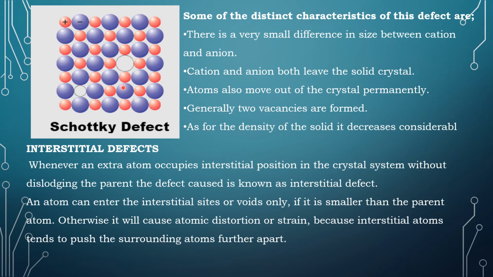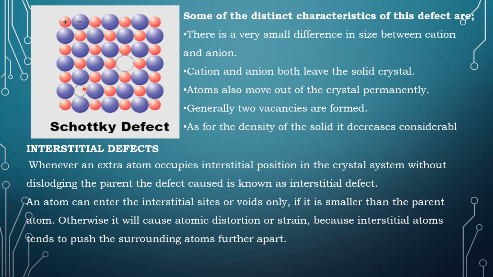Now just see here. So this is the Schottky defect. So this is a crystal, where the red color represents the positive ion, the cation, and the blue one is the negative ion, that is the anion. Now you can see two vacancies. One is the smaller one, that is the positive ion, and the bigger vacancy is nothing but the negative ion.